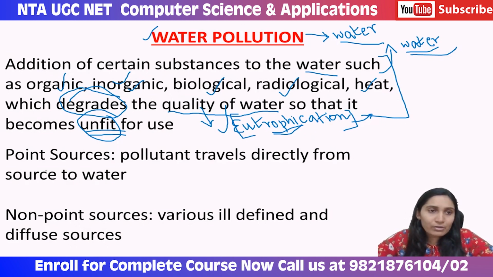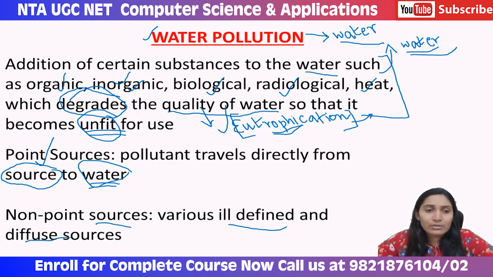The point sources of water pollution are where the pollutant travels directly from the source to the water. So point sources means pollutants traveling directly from the source to the water. Now non-point sources are various ill-defined and diffuse sources.